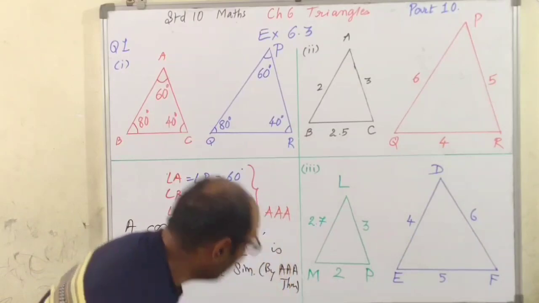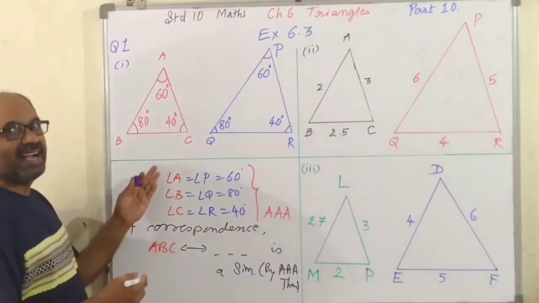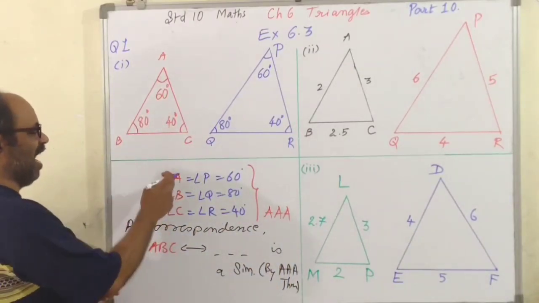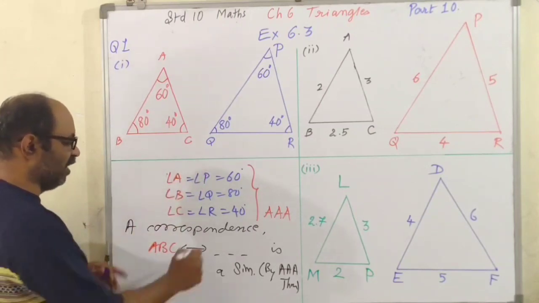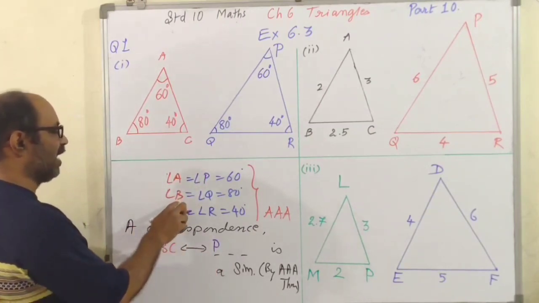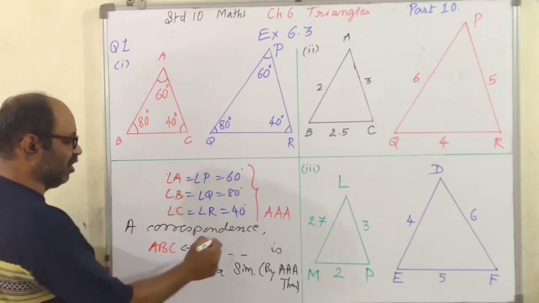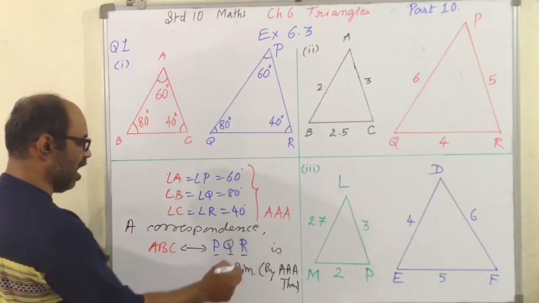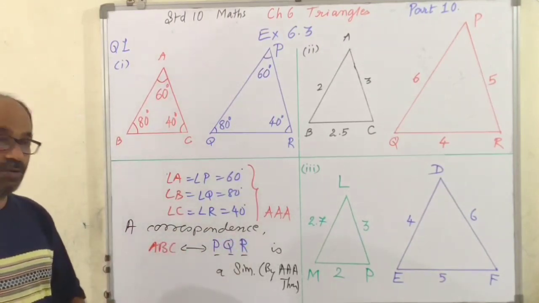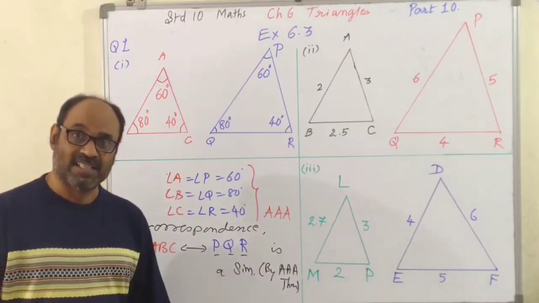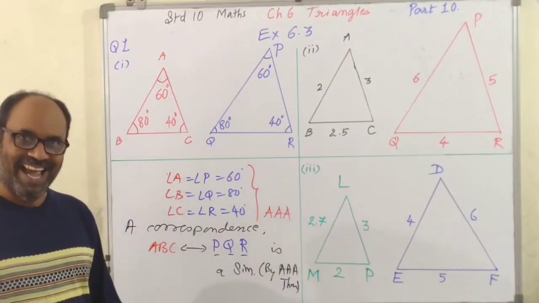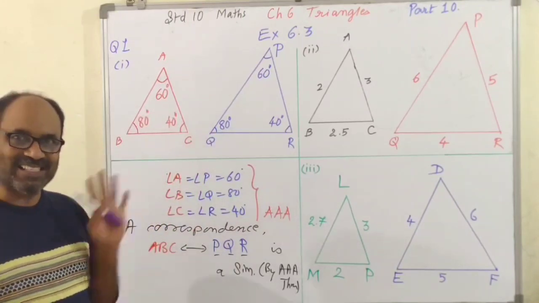Now in blue, you have the direct correspondence. Angle A corresponds to P. A is in the first order, P has to be in the first order. Angle B corresponds to angle Q. B is in the second order, Q is in the second order, and R. ABC corresponds to PQR is a similarity. Okay, so these 2 triangles are similar.